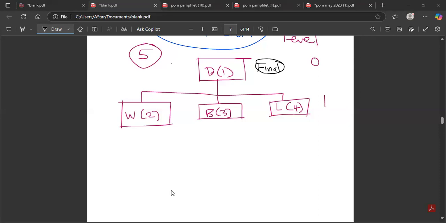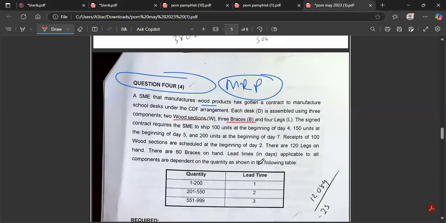From here we have the information. The signed contract requires the SME to ship 100 at the beginning of day 4, 150 at the beginning of day 5, 200 at the beginning of day 7. So these are the shipments of the desks.